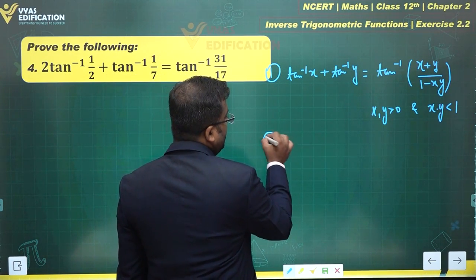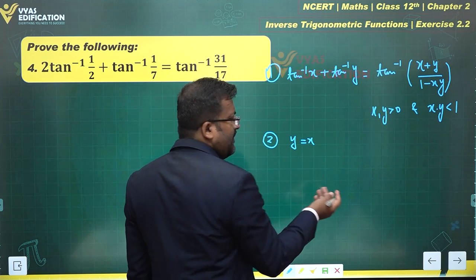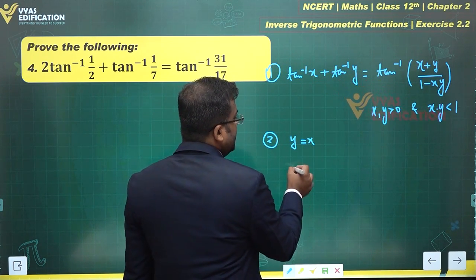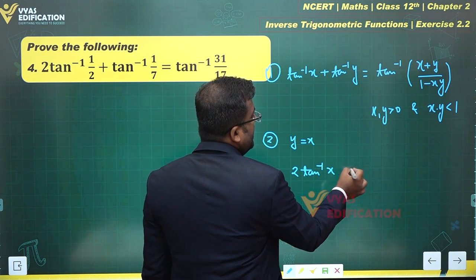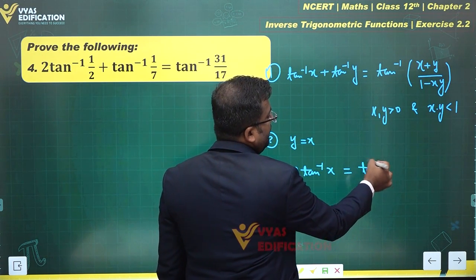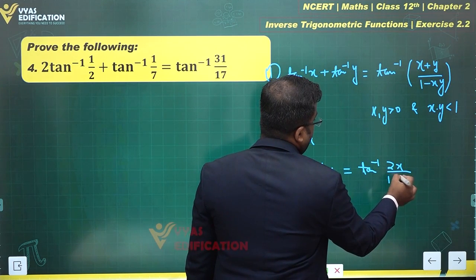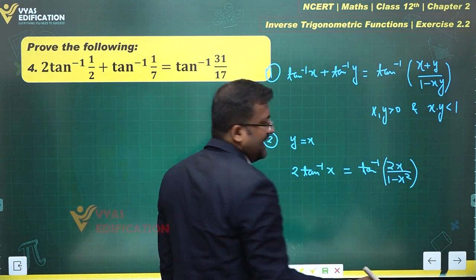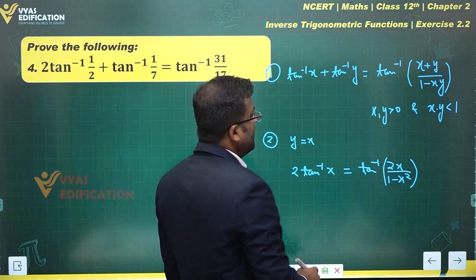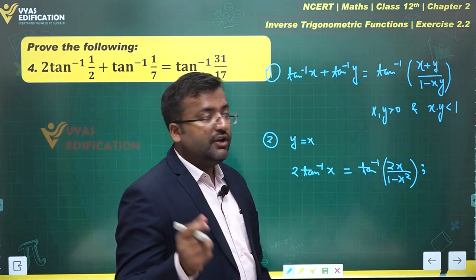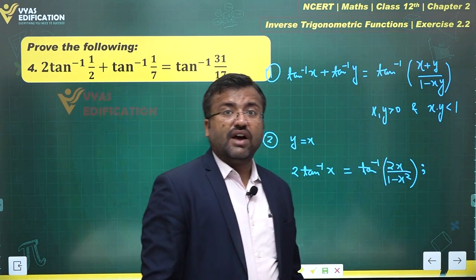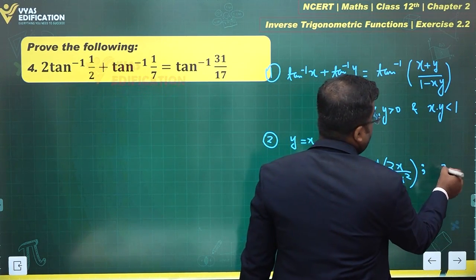If y equals x, we have another result: tan inverse x plus tan inverse x, which is 2 tan inverse x, is equal to tan inverse of 2x over 1 minus x squared. This is another result which is given in the NCERT itself. What is important here is that the product xy, that is x squared, is less than 1.